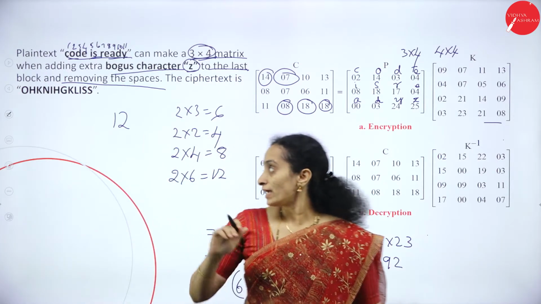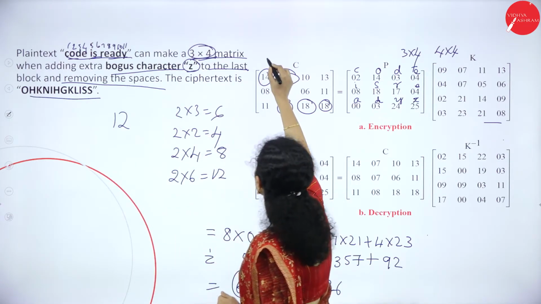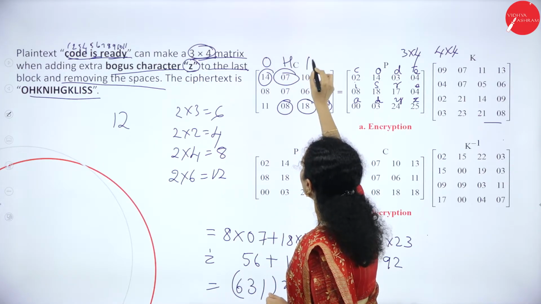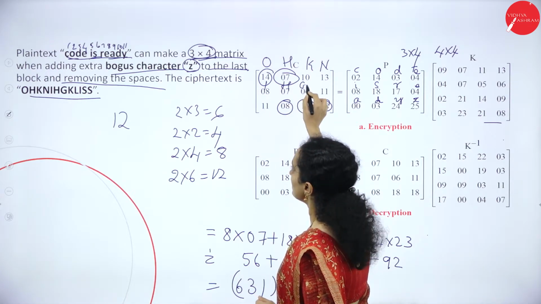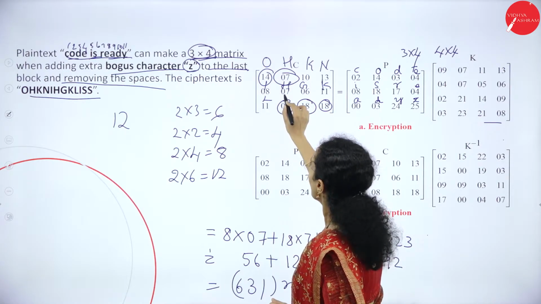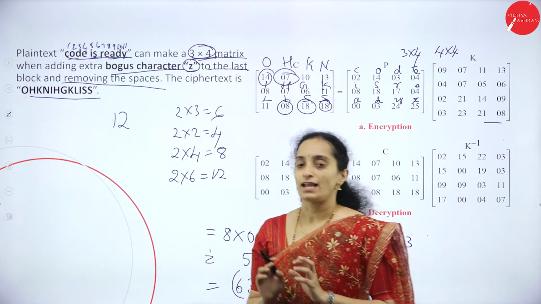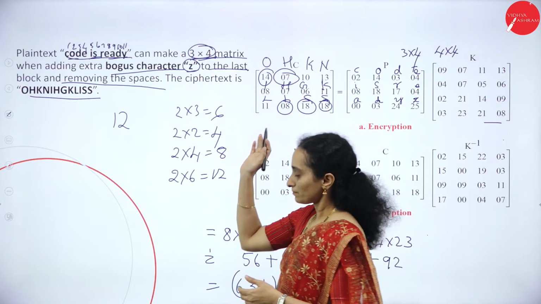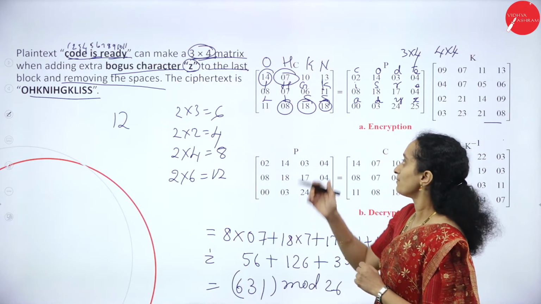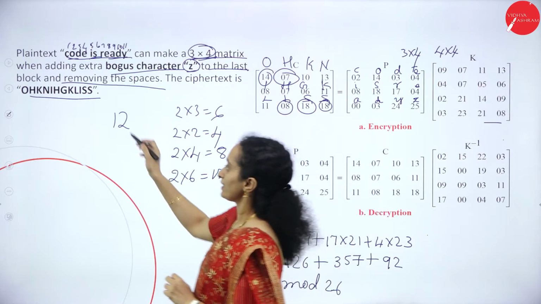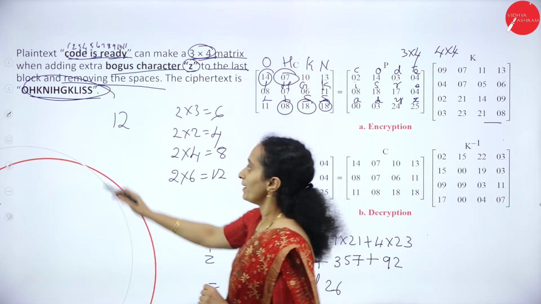The encrypted code in this will be this one, that is OH K N I H G K L I S S. You will be calculating the matrix multiplication, and for that integer value, the table of alphabets for Z26 will be taken and it is encrypted like this. The plain text code is ready, and will be encrypted like this.